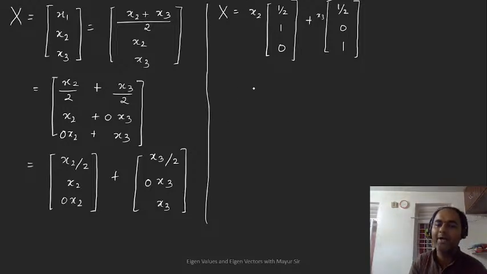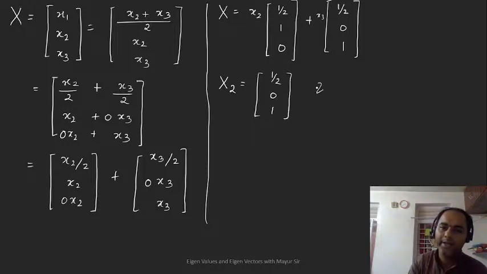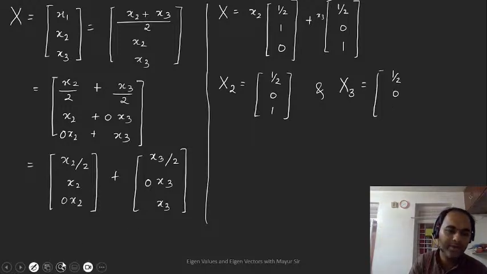So you have your eigenvectors ready in front of you. The vector for x2 will be half 1 0, and for x3 it is half 0 1.